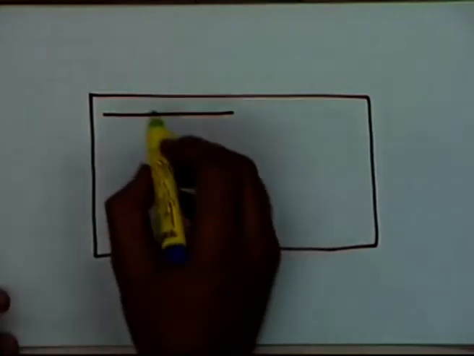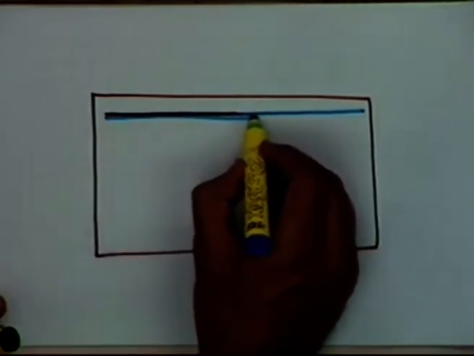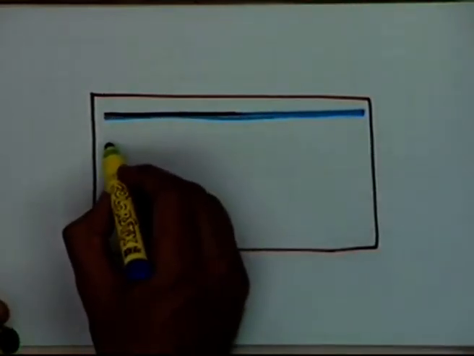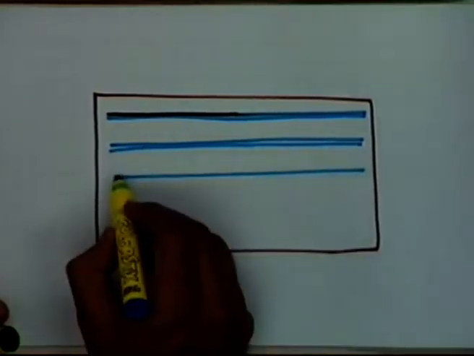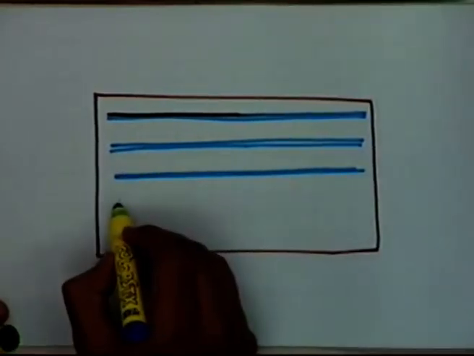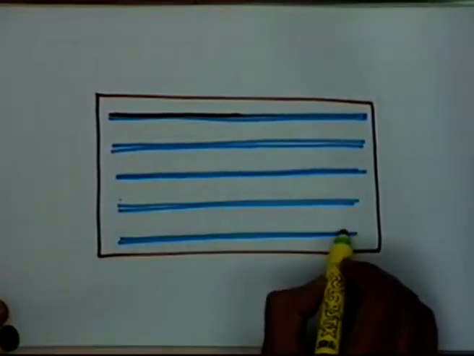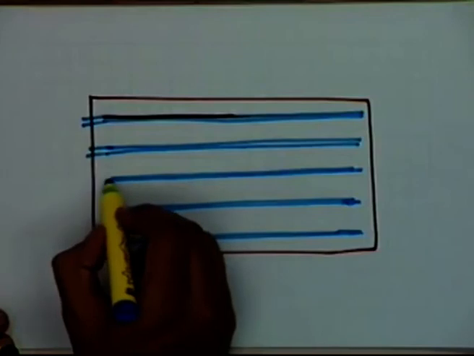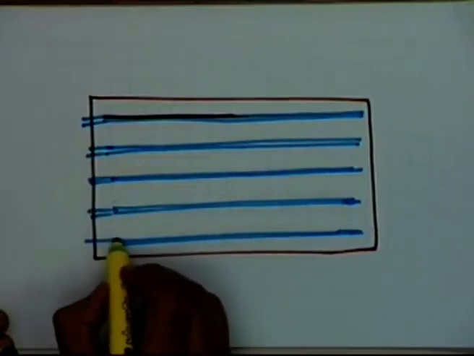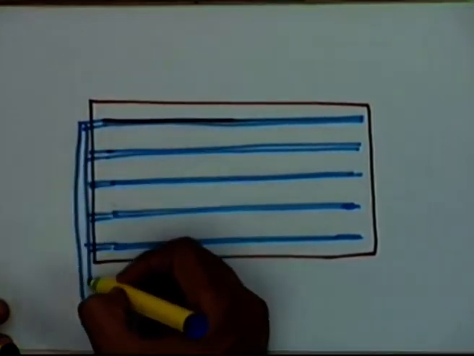Let me use another shade. I might have one pipeline running here, another pipeline running here, and this might be the total layout of my pipeline, which is connected to another bigger pipeline.